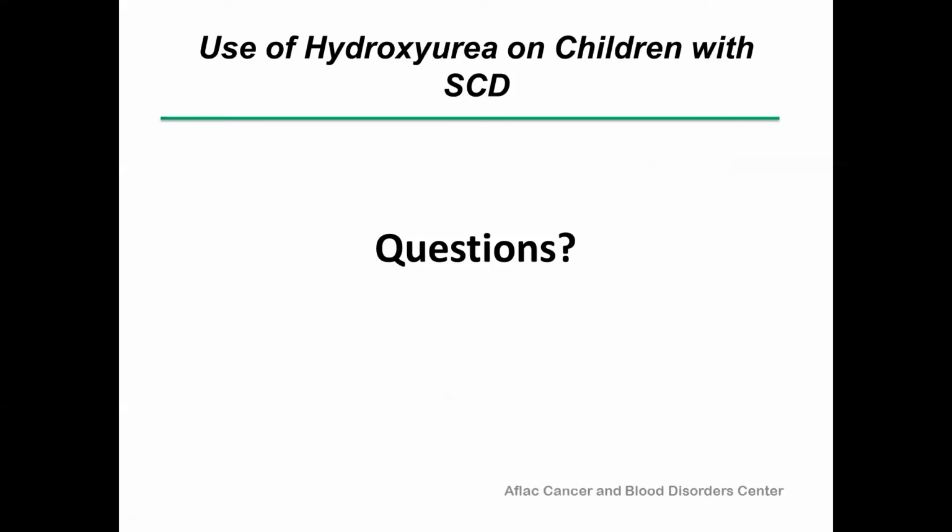But yes, one of the things that we are trying to do is to increase the comfort level of general physicians, pediatricians, and internists in terms of getting them to the point where they would be comfortable monitoring and using hydroxyurea, knowing that there's a pediatric hematologist or an adult hematologist that they can call if they have questions, and that's what we're going to talk about next.